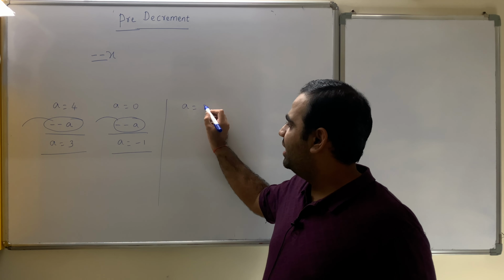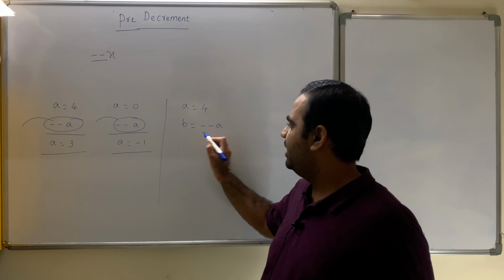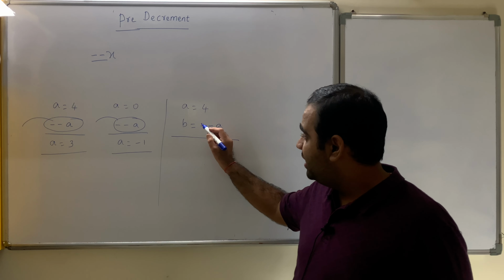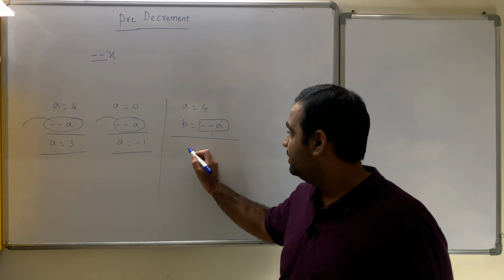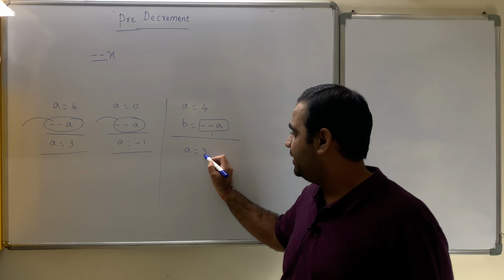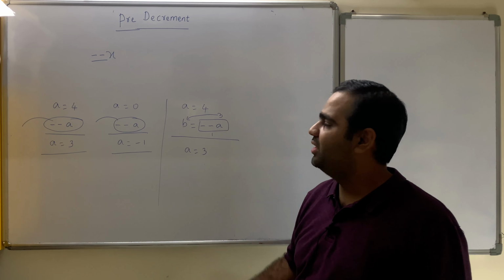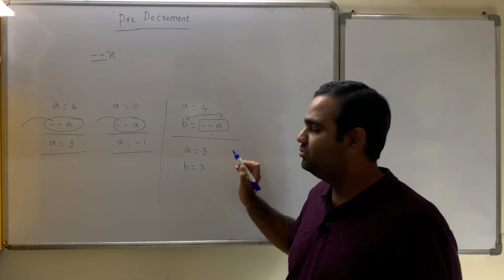Suppose the value of a is 4 and we say b is equal to minus minus a, it is pre-decrement. Now this pre-decrement says decrement first. Therefore the value of a will become 3. Now this 3, assign it to the variable on the LHS. Therefore the value of b will also become 3.